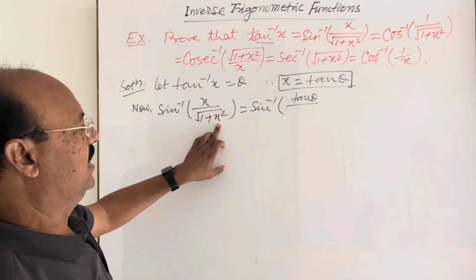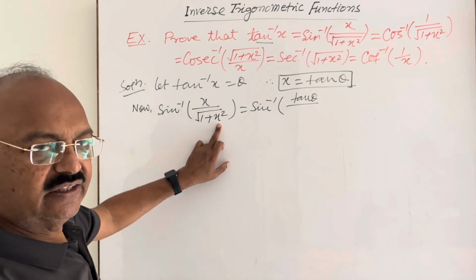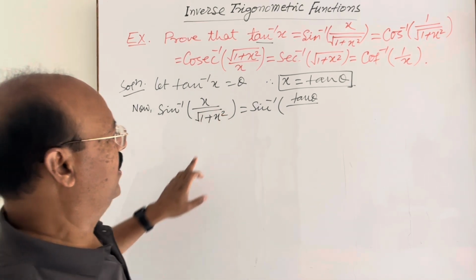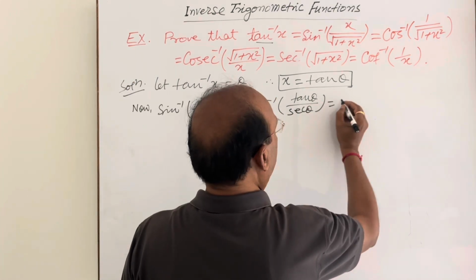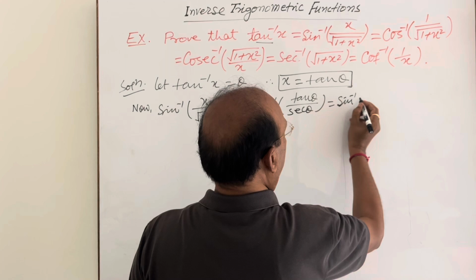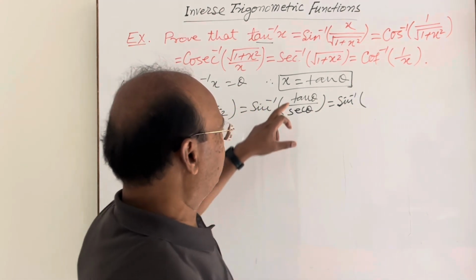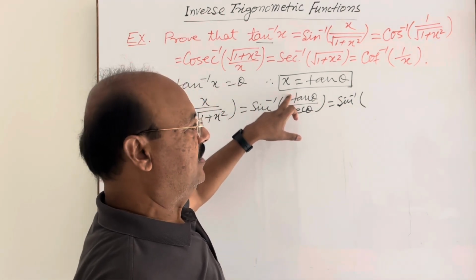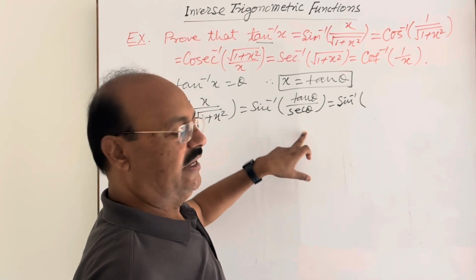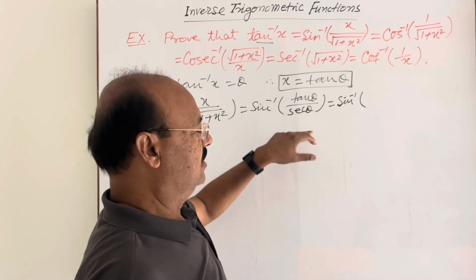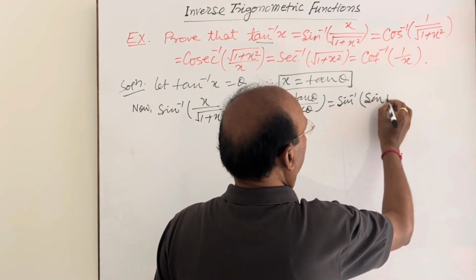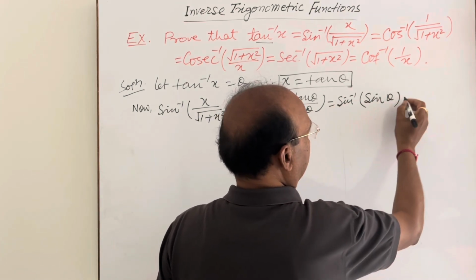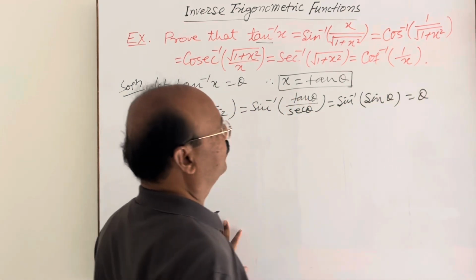You know 1 plus tan square theta is sec square theta, and root of sec square theta is sec theta. So this is equal to sine inverse of, when you simplify it, this is sine by cos, this is 1 by cos. Cos will be cancelled out, so simply we'll get sine theta. This is sine theta, and sine inverse of sine theta is equal to theta.